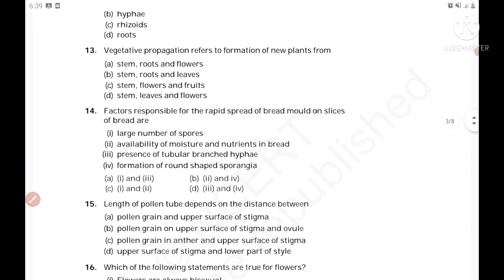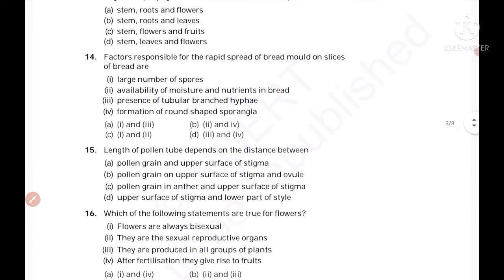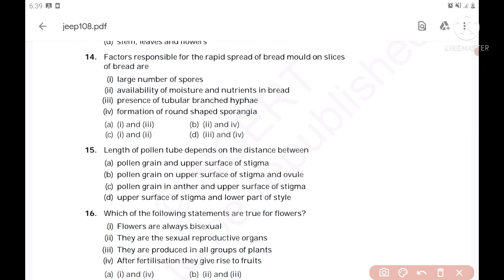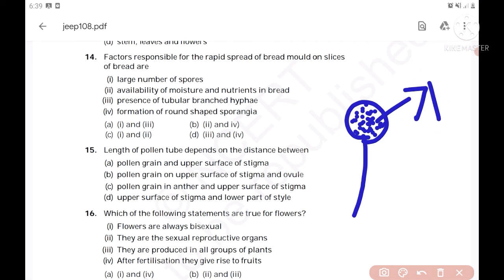The factors responsible for the rapid spread of bread mold on slices. So these are the spores present. So there are many spores, where it produces multiple individuals, right?